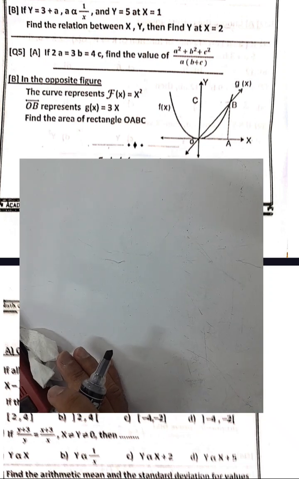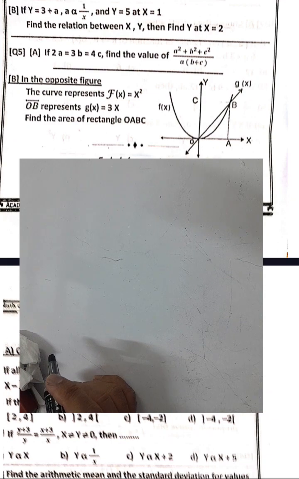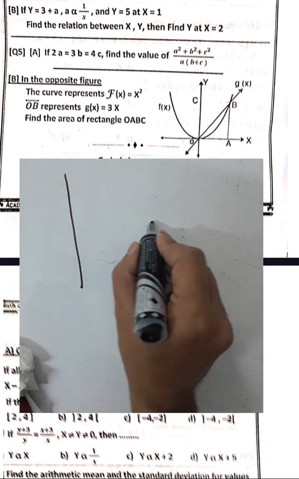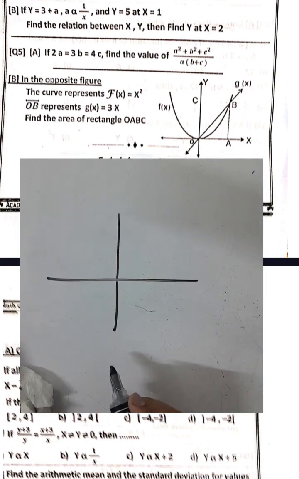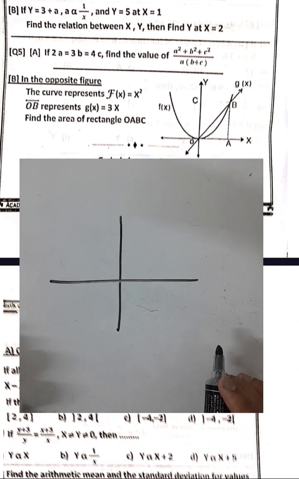Next question. We have the function f of x equals x power 2 and g of x equals 3x. Find the area of rectangle OAPC. Okay, pay attention with the example and think with me about this question. First I will draw it with you here to know the steps.